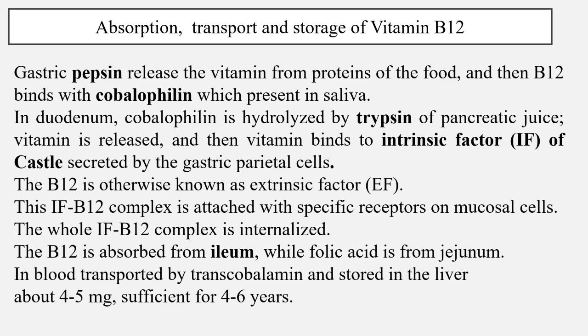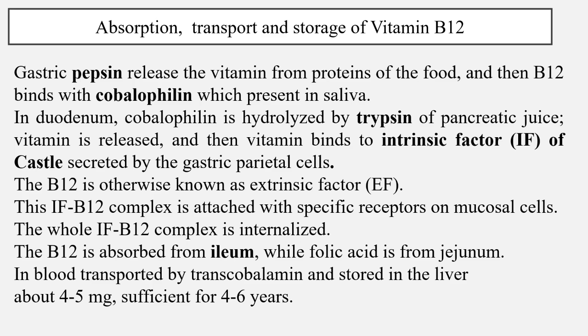That is why vitamin B12 is also called the extrinsic factor of Castle. This intrinsic factor and B12 complex attaches to a specific receptor present on the mucosal cells in the ileum and is internalized into the cells, whereas folic acid is absorbed from the jejunum.